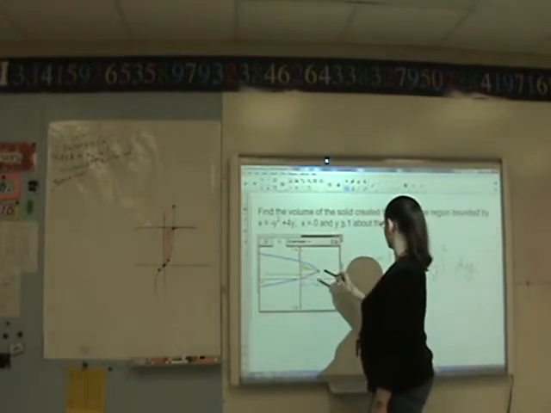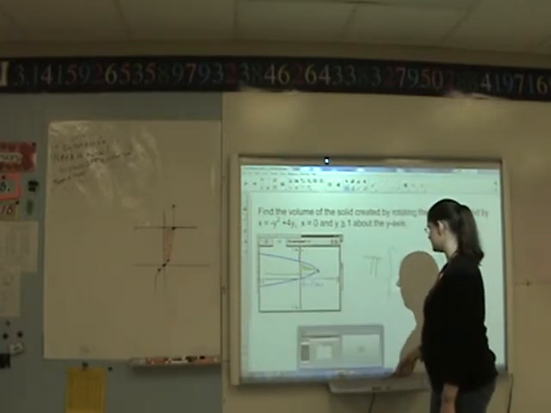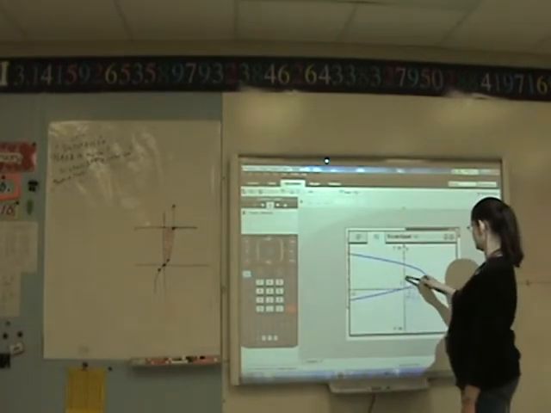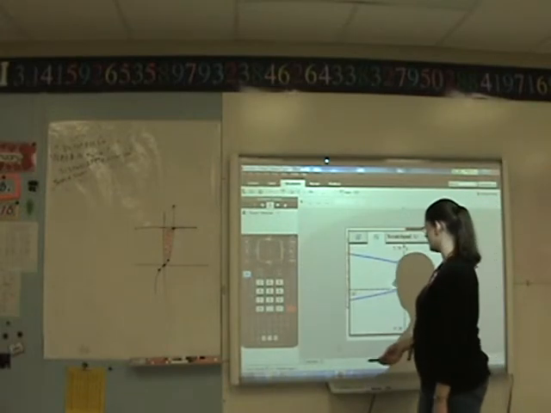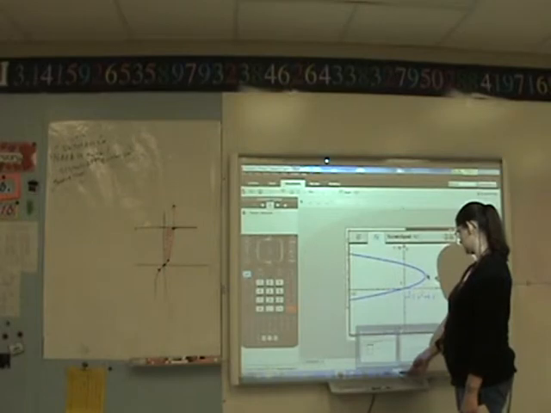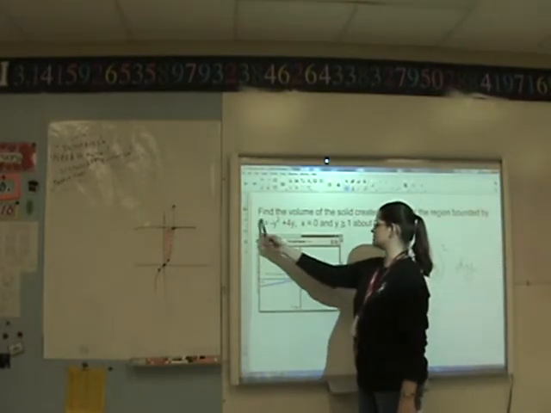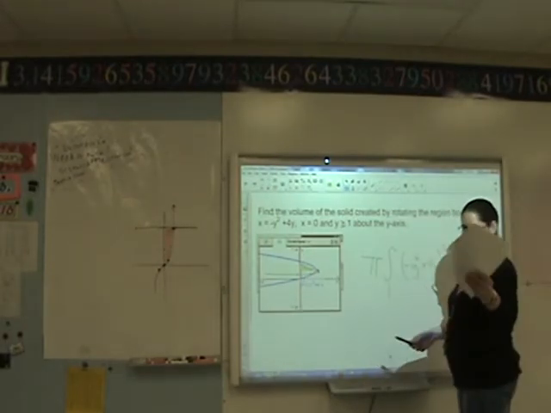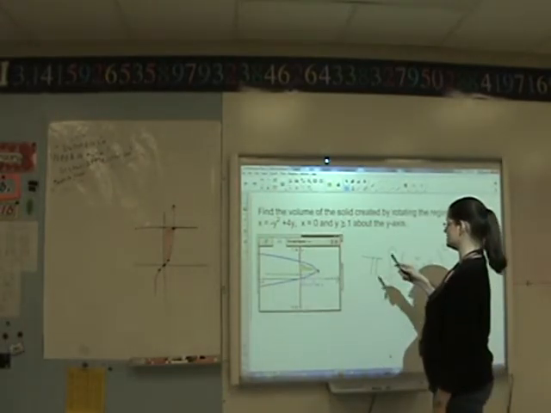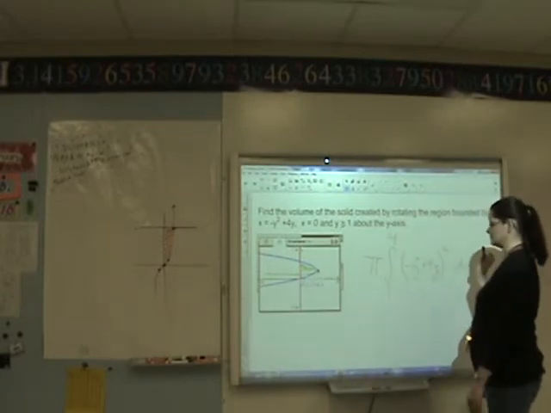We start at 1 and end at, what is that, 3 or 4? 1, 2, 3, 4. You can always set that equal to 0 and solve. You would factor out a y, set each factor equal to 0. So this is what I'd be integrating.